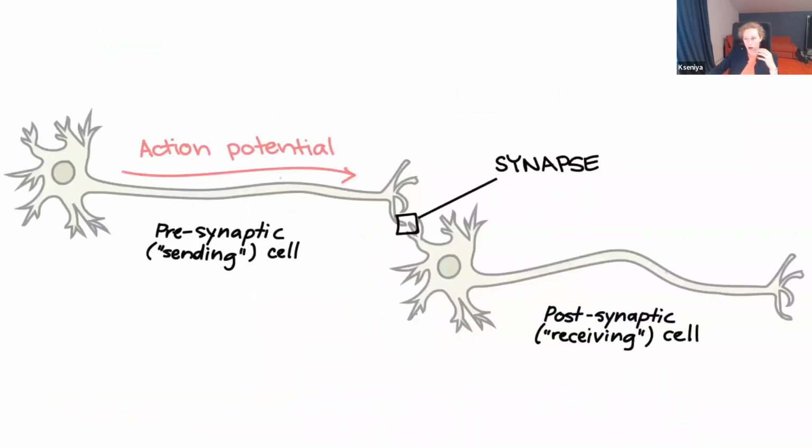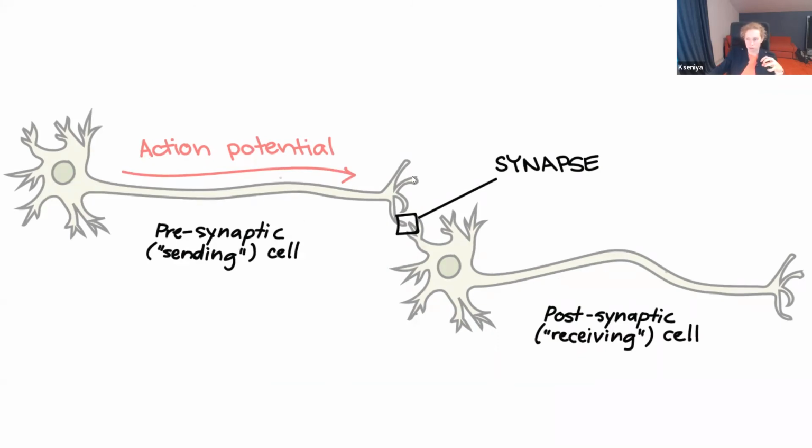Every neuron has an axon and dendrites. The axon is usually the longest part of the neuron, and along the axon the action potential is transmitted to other neurons.